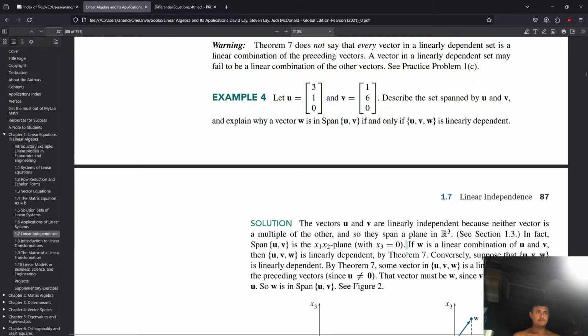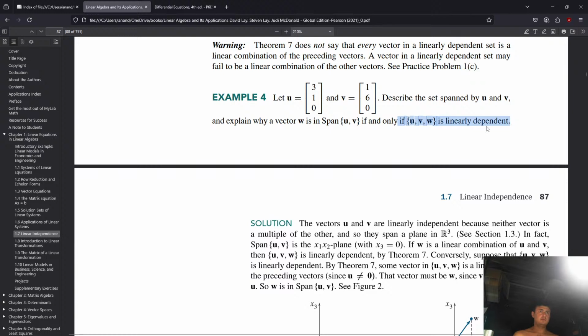Oh yeah. So therefore the span of u, v, w is equal to the span of u, v.